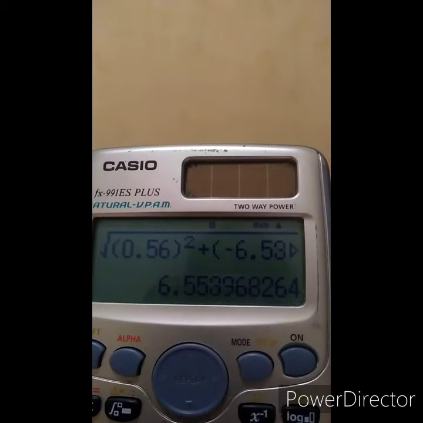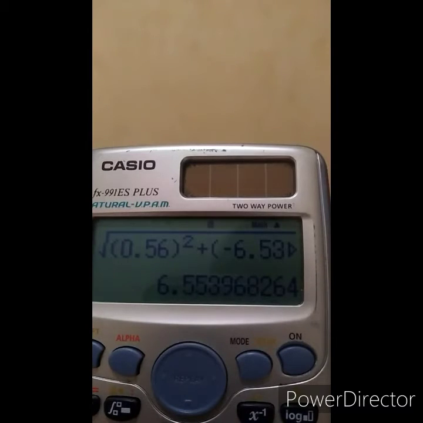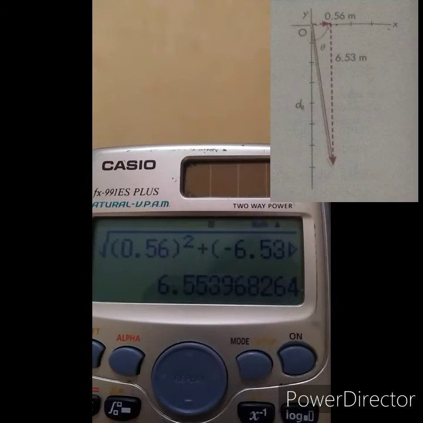For the direction of the resultant, based from the topic that I tackled earlier, in order to get the angle of the resultant, we will be using the arctangent formula, wherein angle is equal to tan negative 1 or inverse tan, then the absolute value of the opposite side over the adjacent side. Go back to our illustration earlier. This is the angle that we are looking for.